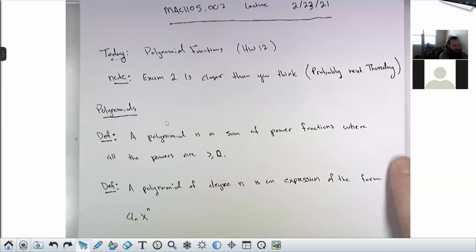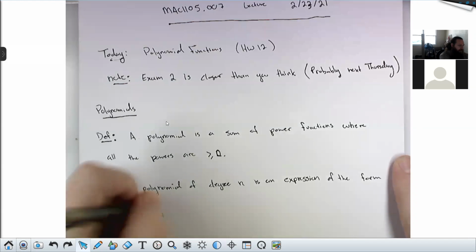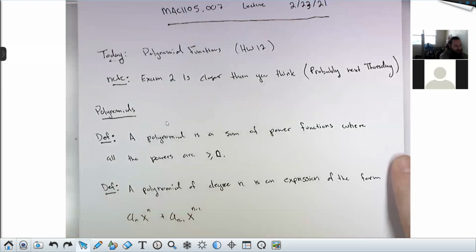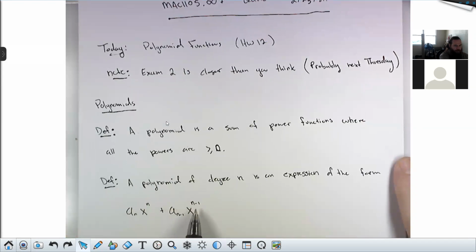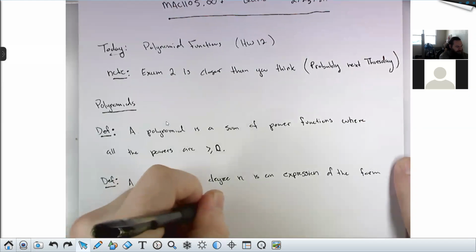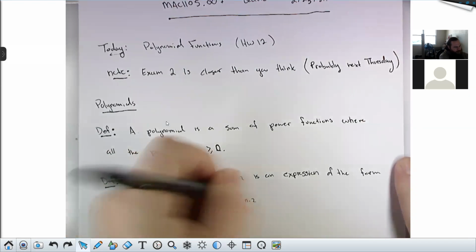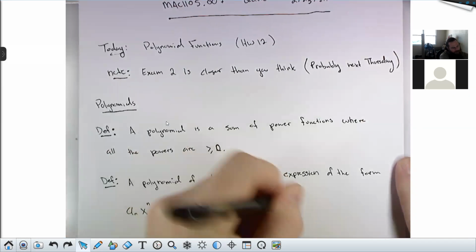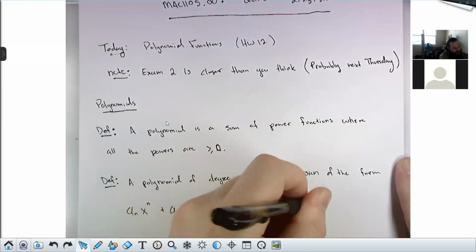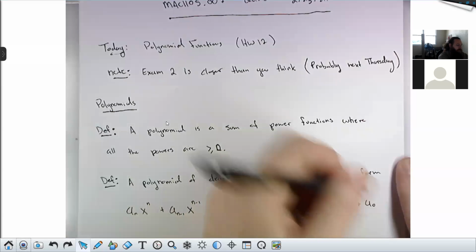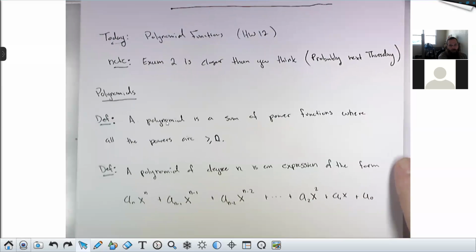The n here is the power, and this just tells you that that's the coefficient of x to the n, plus a_(n-1) x to the n minus 1. Here's another power function, just one power less. And you continue like this, a_(n-2) x to the n minus 2, and you go all the way down till you get to a_2 x squared plus a_1 x plus a_0. So in general, this is what polynomials look like.